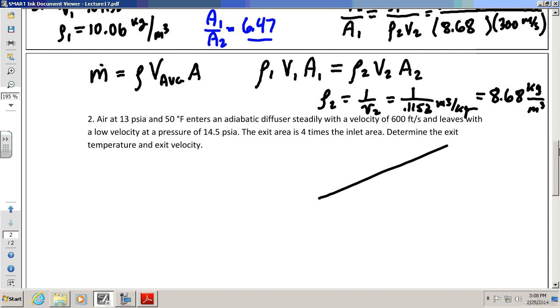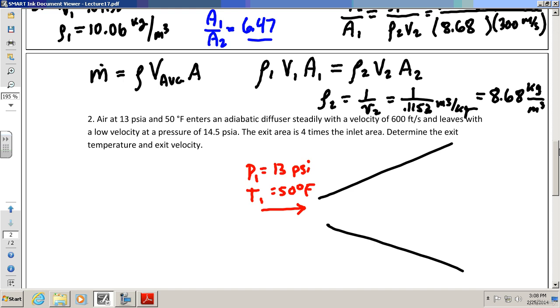Here's how I draw a diffuser. It's the opposite of drawing a nozzle. It opens up, okay? So what you have here is it coming in at a pressure P1 of 13 psi, a temperature of 50 degrees Fahrenheit, and a velocity of 600 feet per second.